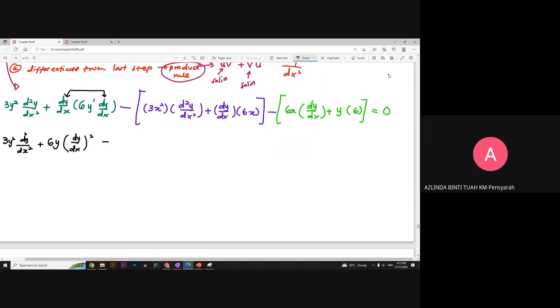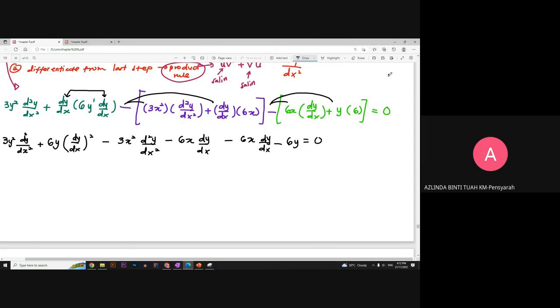Okay, tolak. Terus expand ke dalam. 3x squared second derivative minus 6x dy per dx minus, okay, terus yang ini 6x dy dx minus 6y equals to 0.